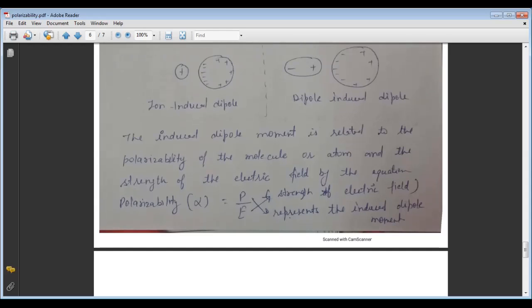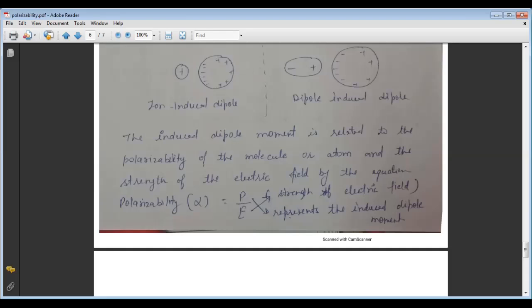The polarizing power is of the cation, and polarization is of what? It means there is a formation of poles here. These are not poles, but they convert into polar. So that is the polarizing power of the cation and the polarization of the anion.